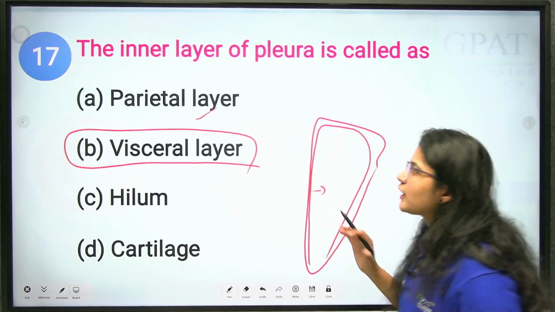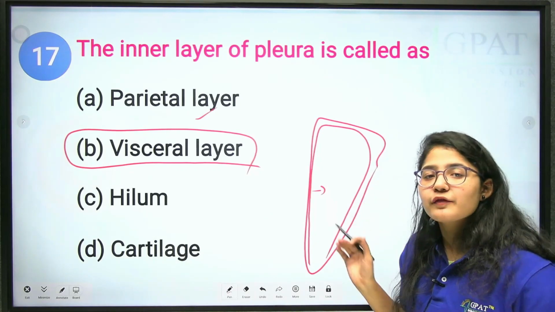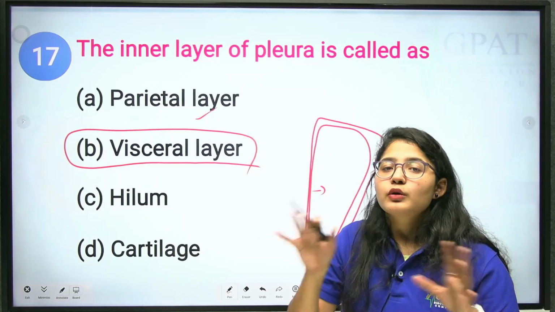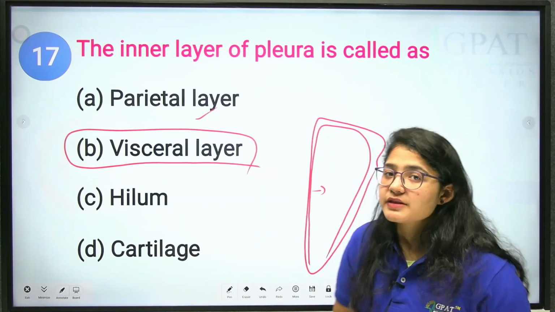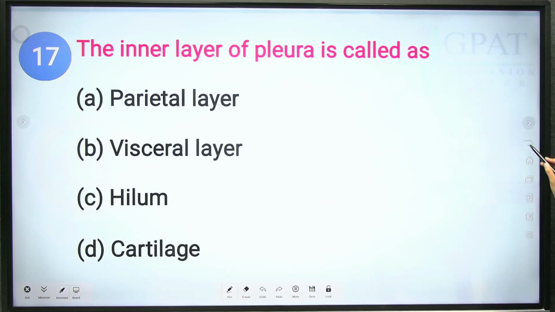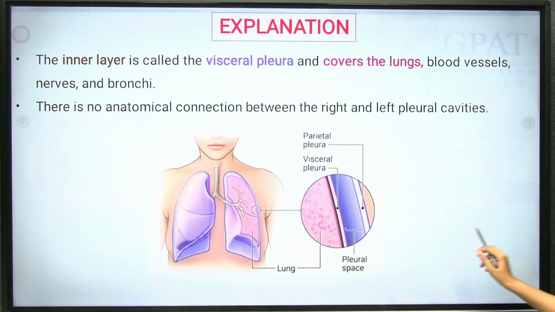Clear? There are two things. One is the lining, that is the innermost part of your organ, and the covering is the membrane over your organs. So the correct answer will be your visceral layer. Clear?